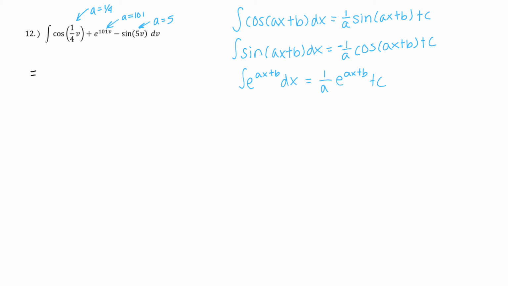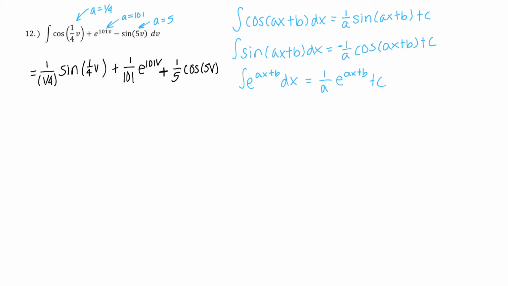So when we integrate, cosine is going to be 1 over 1/4 sine of 1/4 v. Then we have 1 over 101 e to the 101v minus 1 over 5. So this would be minus negative, so this turns to a plus sign because sine integrates to negative cosine.